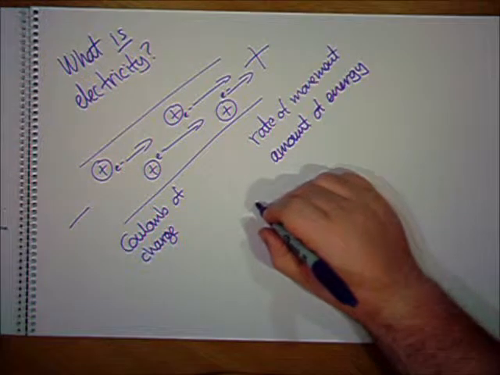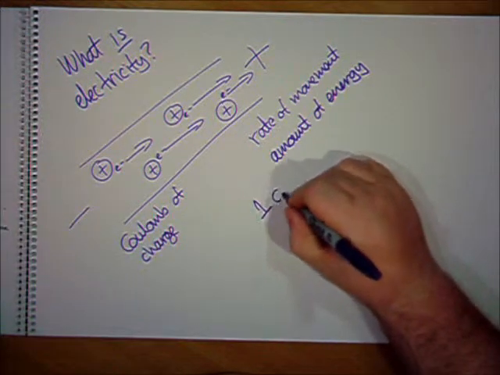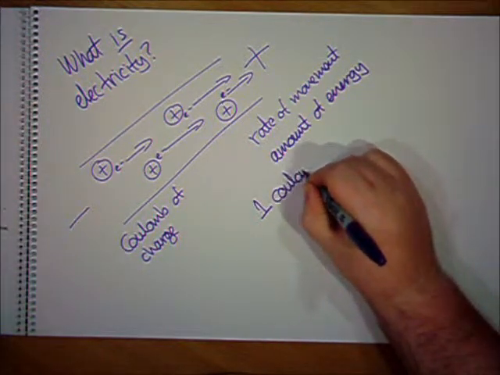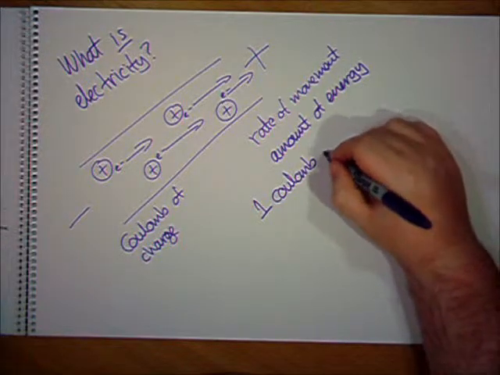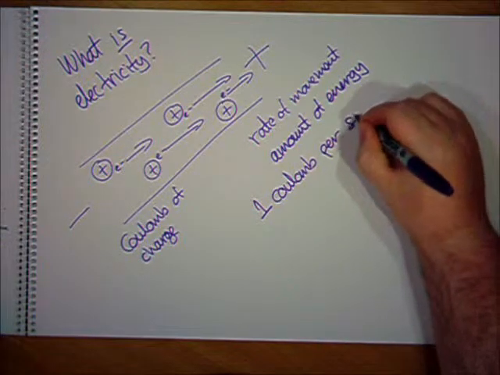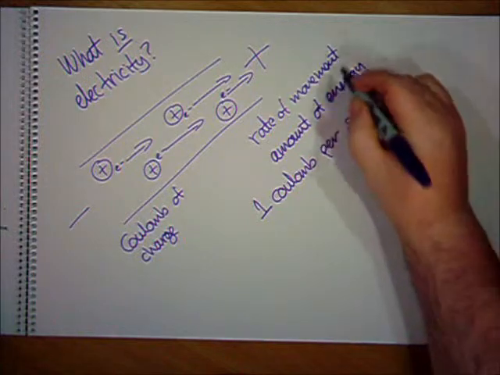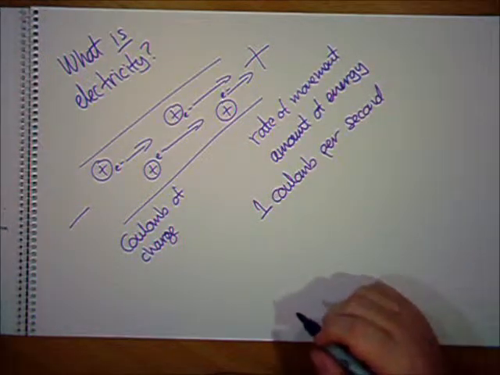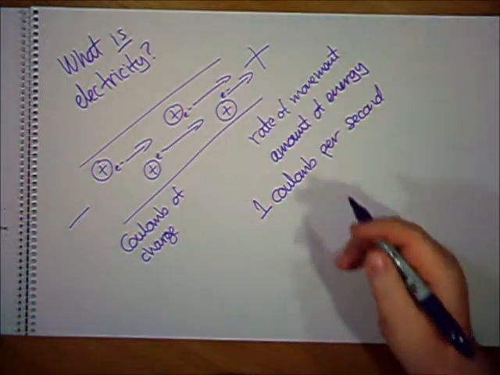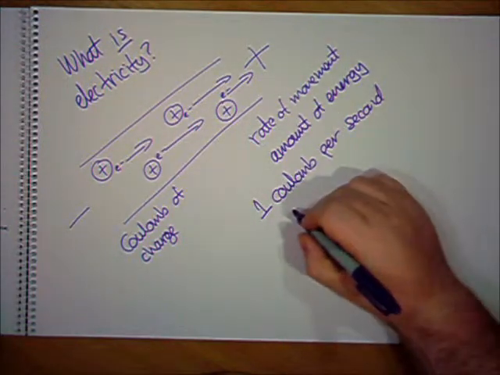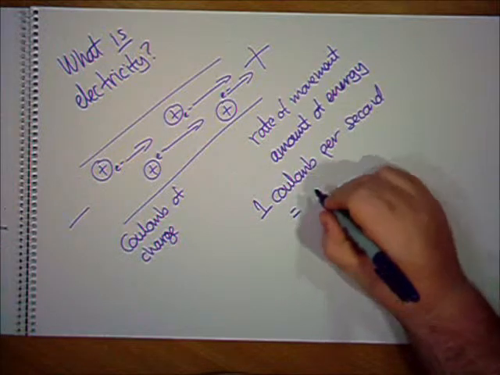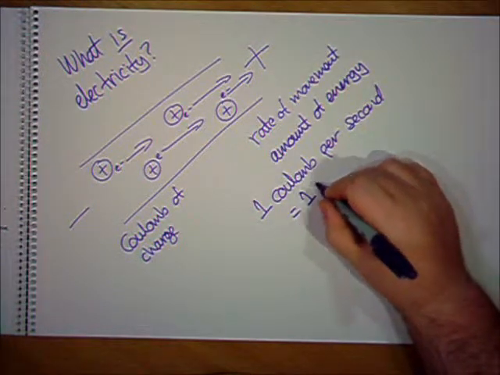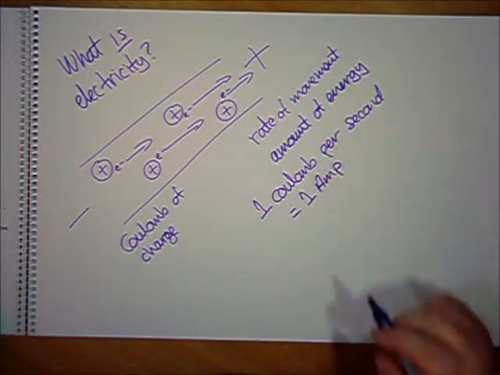So, if we have one of those, 1 coulomb per second, well, there's our rate of movement, and 1 coulomb of charge passing any given point in this conductor in 1 second equals 1 amp.